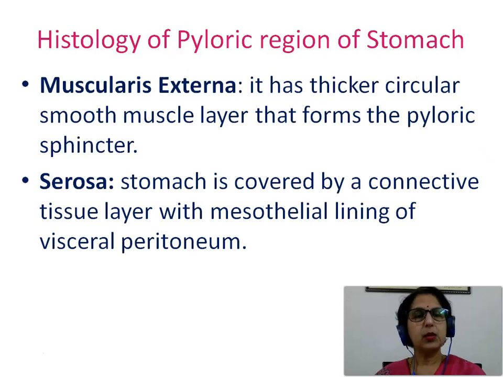We then go on to see the muscularis externa. This has a thicker circular smooth muscle layer, and that is what forms the pyloric sphincter. The serosa: stomach is covered by a connective tissue layer with mesothelial lining of visceral peritoneum.